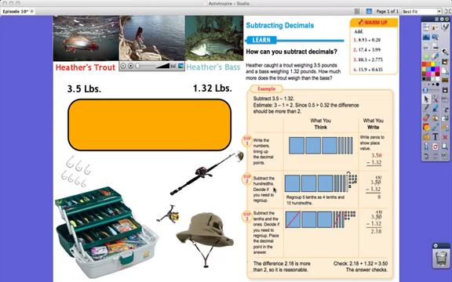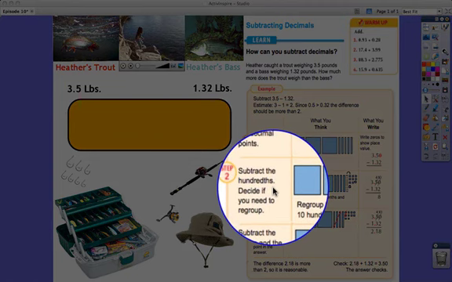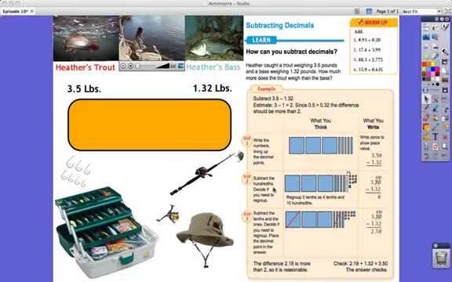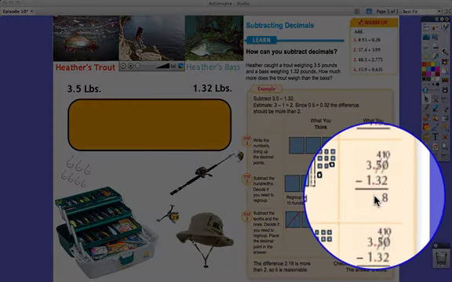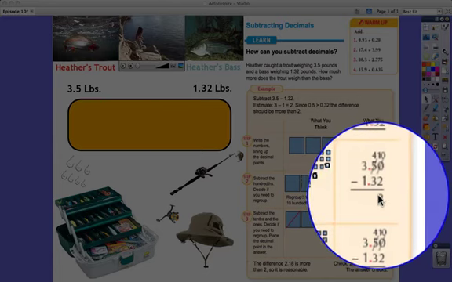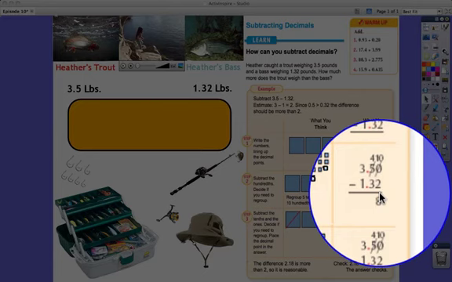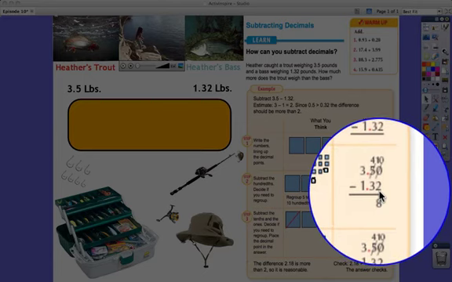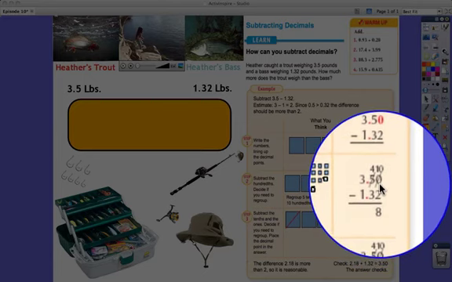Now in step 2, it says subtract the hundredths and decide if you need to regroup. In other words, when we write the problem as you can see right here, 3.50, and then we want to subtract 1.32 from that, you might notice over here in the hundredths place, we can't take 2 from 0.